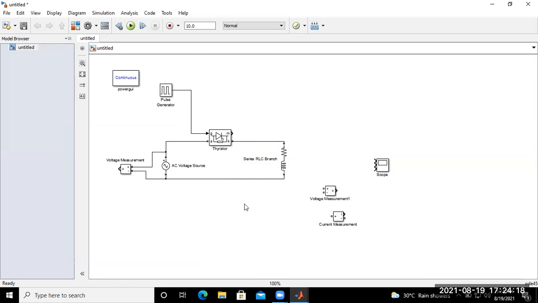So if you want to connect one voltmeter through the thyristor, then you can just connect it across the thyristor.